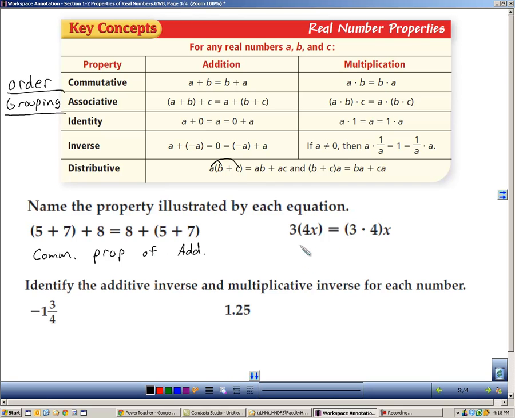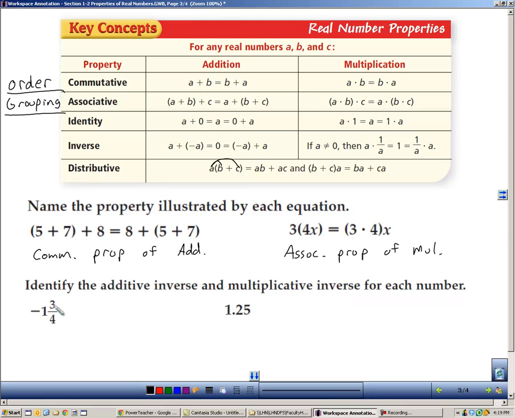In the second example, I'm multiplying 4 times x. But then on the other side of the equal sign, I move the parentheses to the 3 times 4 to multiply those first. That's a matter of changing the grouping. So that's going to be the associative property. And that's of multiplication.